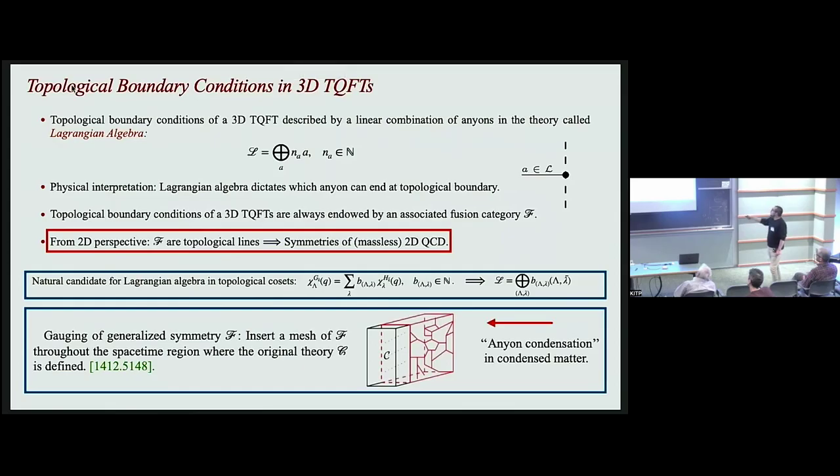Now, in condensed matter, this is a process that is called anion condensation, where we condense this anion on half of space-time, and that gives a topological boundary condition for the theory that here I have called C. And in high energy language, we could say that you are gauging a generalized symmetry on half of space-time to develop these topological boundary conditions.